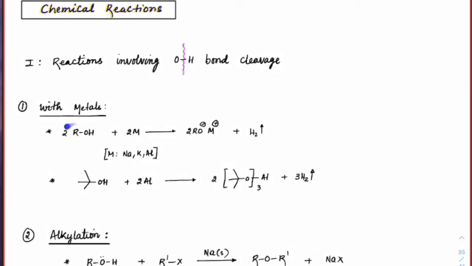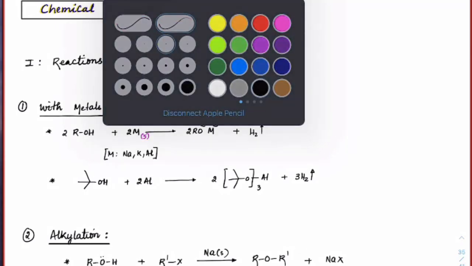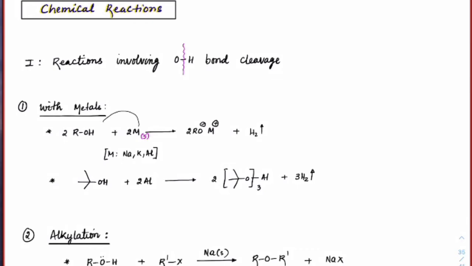So in the first reaction here, if you take alcohol and add any solid metal to that, that metal will release electrons and thereby this will become alkoxide and H2 gas will leave.